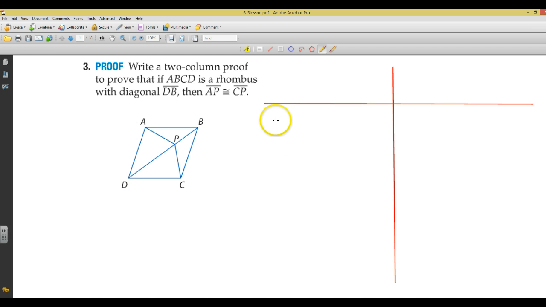Okay, so in this proof, we are given that ABCD is a rhombus with diagonal DP.